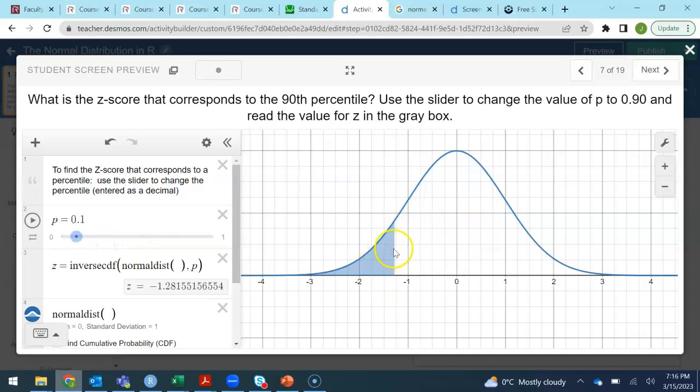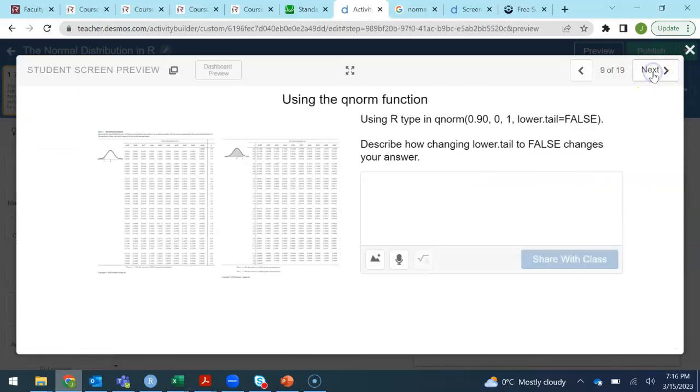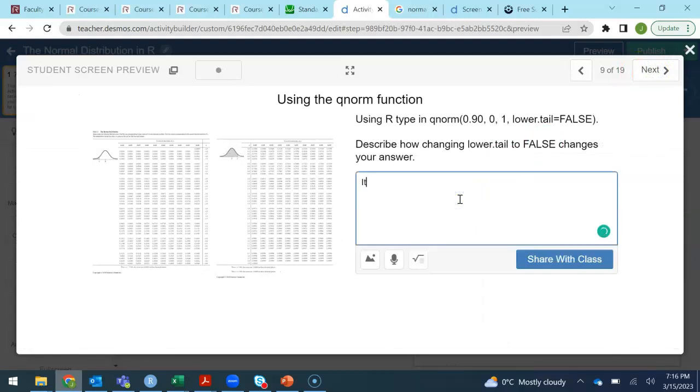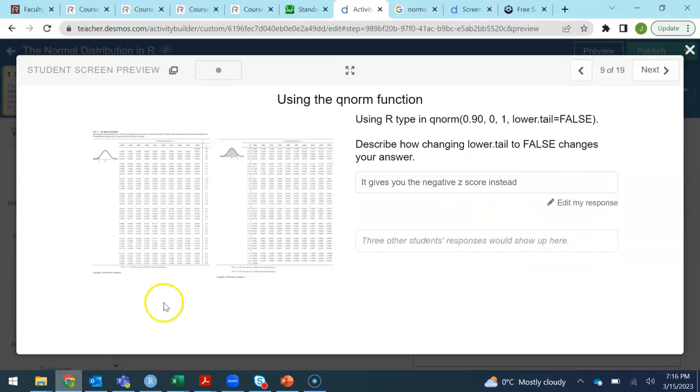So that would be this, negative 1.28. 10% below, 90% above is what you get with lower tail false. For lower tail true, what you get is the z-score, about 1.28, that has 90% below and 10% above. They're just flipped. Because the normal distribution is symmetric, you get this flip. It gives you the negative z-score instead. And that's your quick review of the pnorm and qnorm functions.